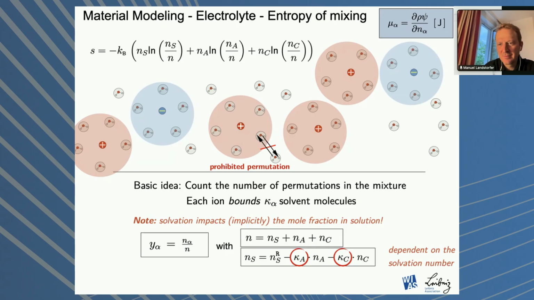So it's not that all particles which are in the electrolyte contribute to the entropy of mixing, but only the ones which are free to permute. And that's the reason why you will find in the denominator of the y alpha definition actually the solvation number.